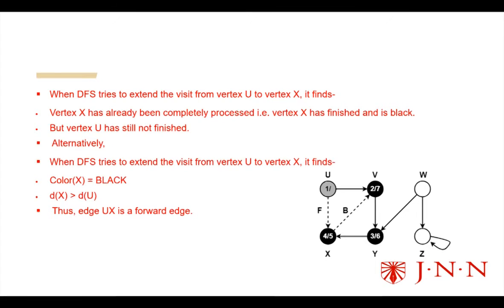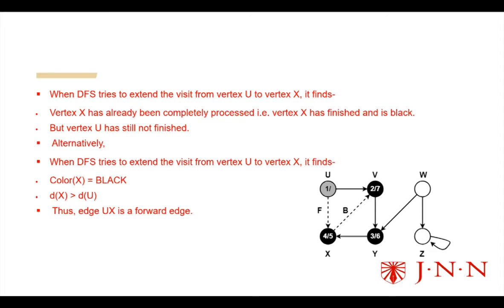It finds vertex x has already been completely processed. So now vertex x has finished as black. So vertex u has still not finished. So now the depth first search tries to extend the visit from u to vertex x.